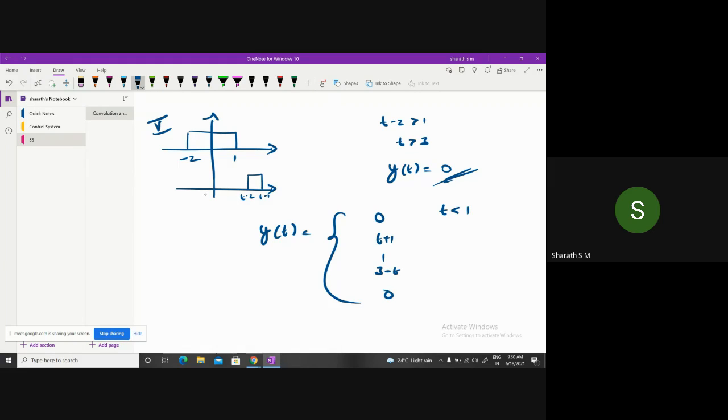Second case, t is between minus 1 and 0, output is t plus 1. Third case, t is between 0 and 2, output is 1. Fourth case, t is between 2 and 3, output is 3 minus t. T is greater than 3, output is 0. Just write down all those answers in a single stage.